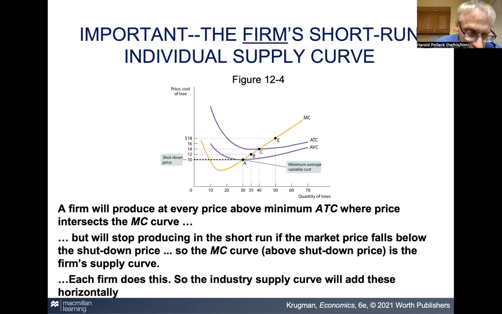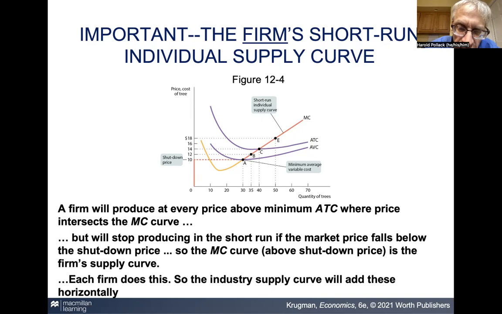And that's an interesting thing. But I would note that each firm has its own supply curve. This is sort of a cool factor. Each individual firm has its own supply curve. How much am I willing to supply if the market price is given?